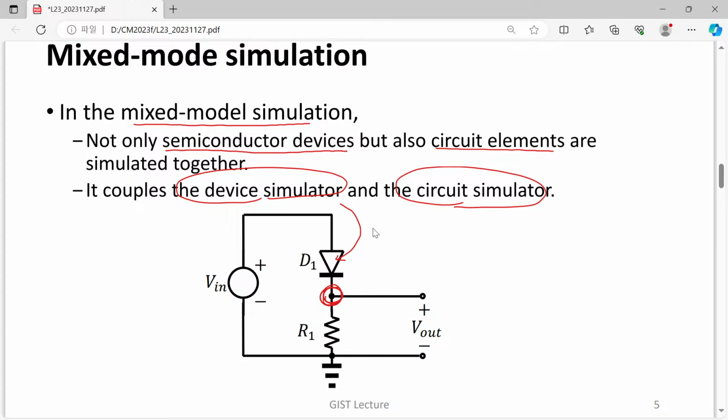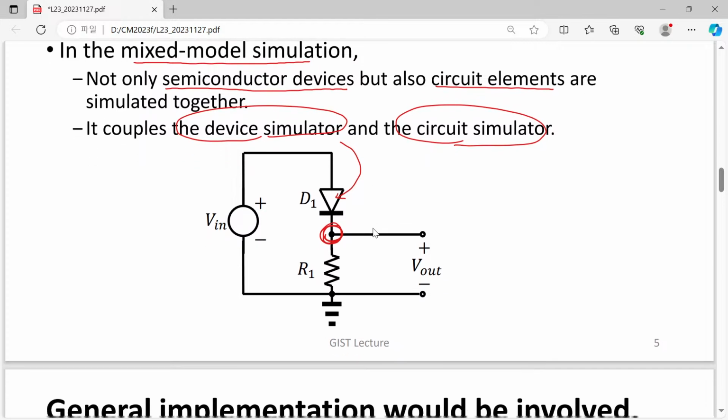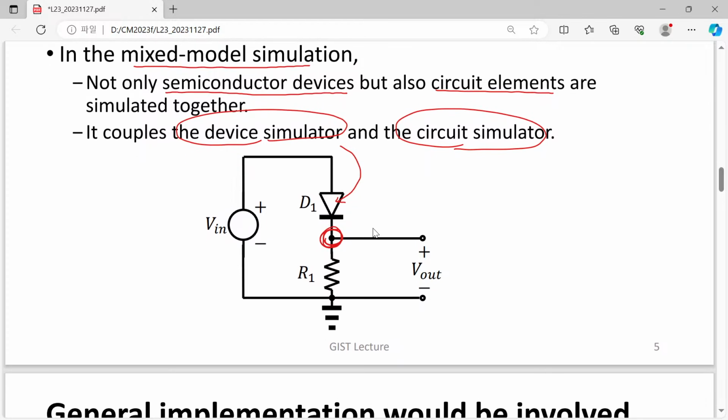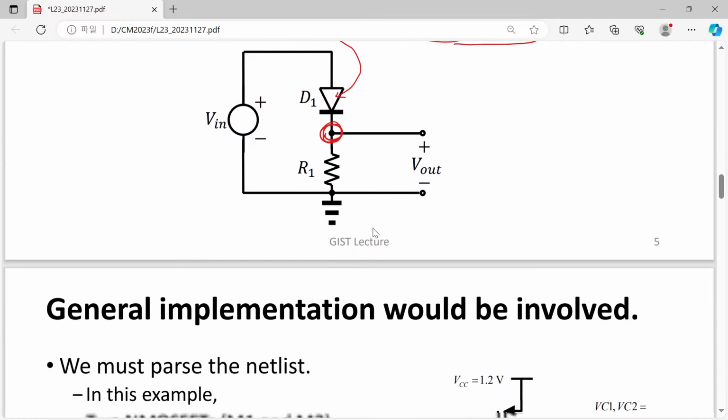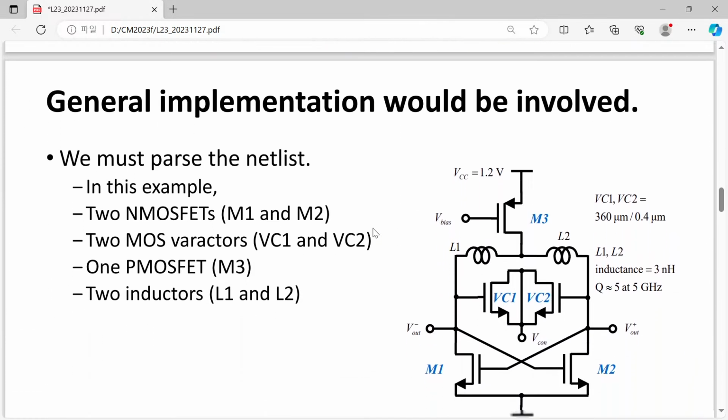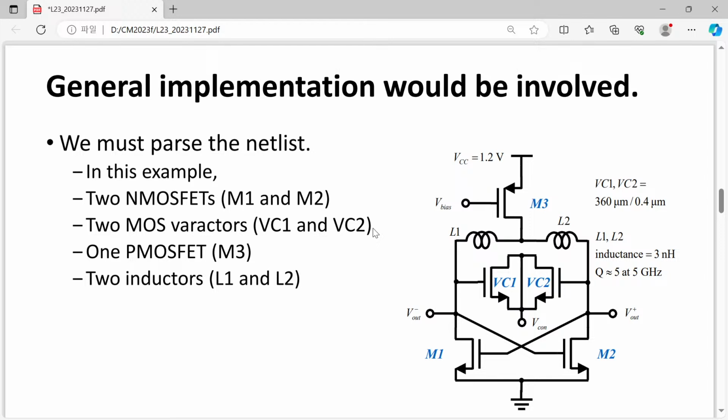So mixed mode simulation simply means the coupling between device simulator and circuit simulator. This is quite important for considering the realistic case.